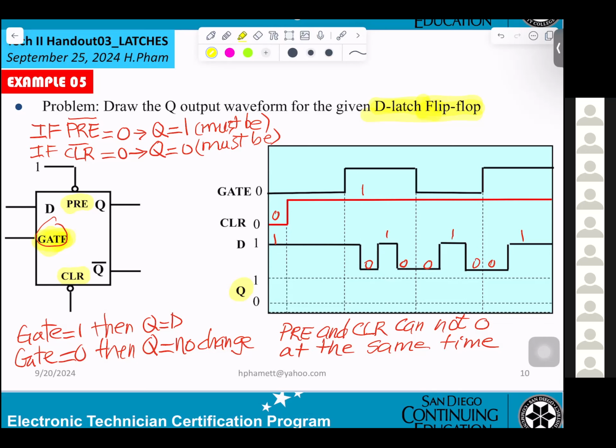If it's not 1, it has to be 0. So now you say at the beginning Q equals 0. My question is how do you come up with Q equals 0? The thing is, in the setup they say nothing. They just say draw the Q output for that flip-flop. Is it just an assumption? No, cannot assume.